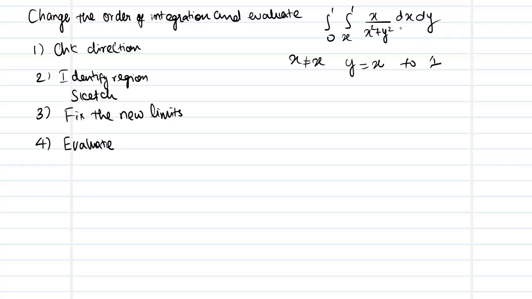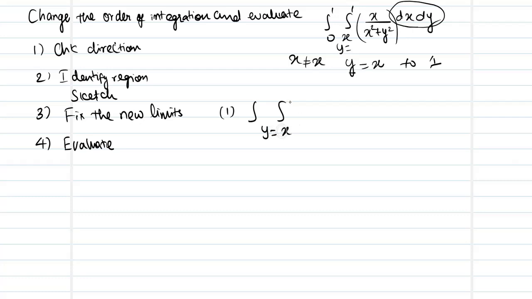In which case, by default, this is your function to be evaluated and this is going to be the question. But we need to rewrite the question because since y limit has been given first, this has to be written as dy first and then followed by dx. So first step, we check the direction and we change it to suit the given problem accordingly.